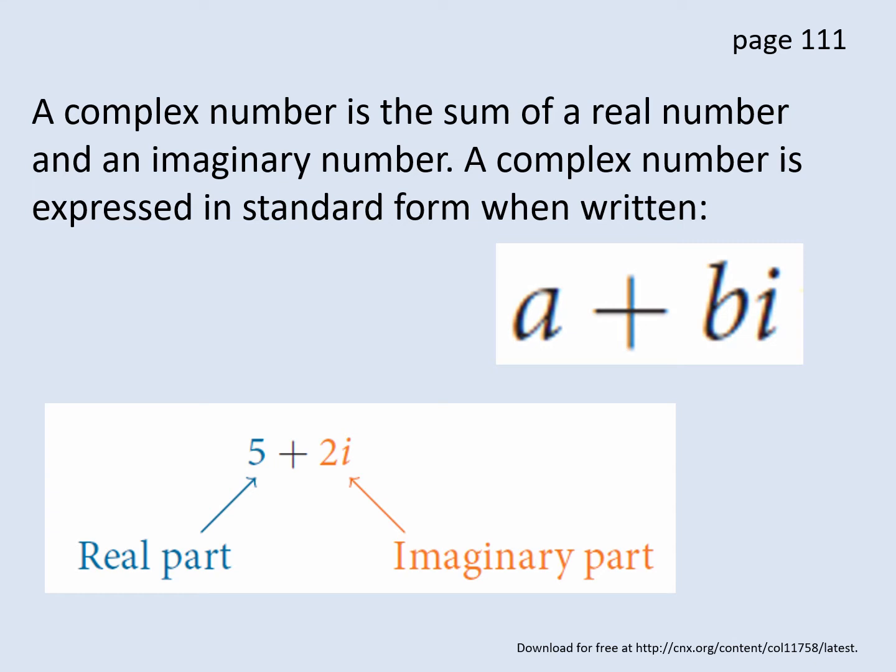So just some slides I won't mention a whole lot on. I encourage you to read this and absorb what they have to say here. But for this specific example, that's 5 plus 2i. So that's 5 to the right on the x-axis, plus 2i would be up 2 on the y-axis.